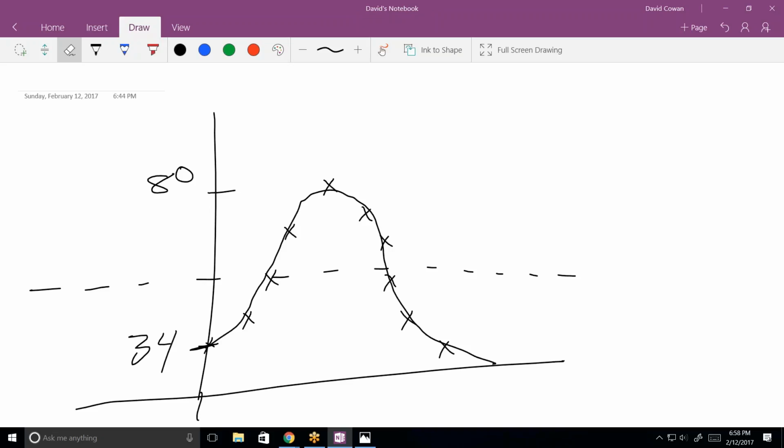And that's how you get D: you add 80 to 34 and divide by 2, and that gives you that number right there. Okay? And that's your vertical shift also.